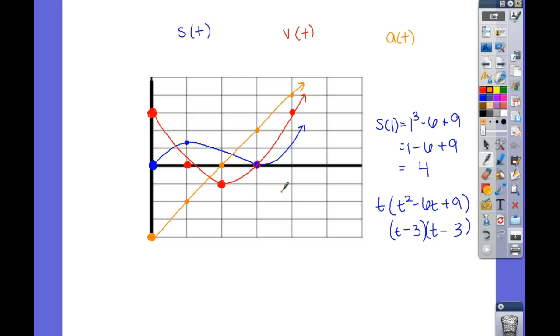So we're looking at the position from the interval 0 to 1. We're looking at it from 1 to 3, and 3 and on. But it only says during the first 5 seconds, so it's 3 to 5.